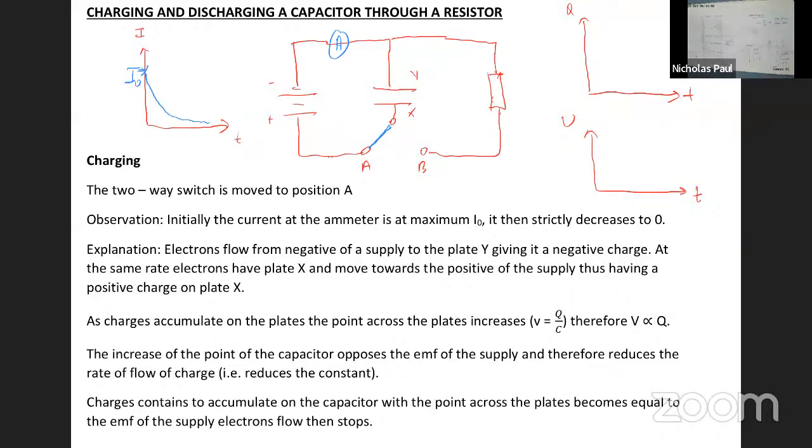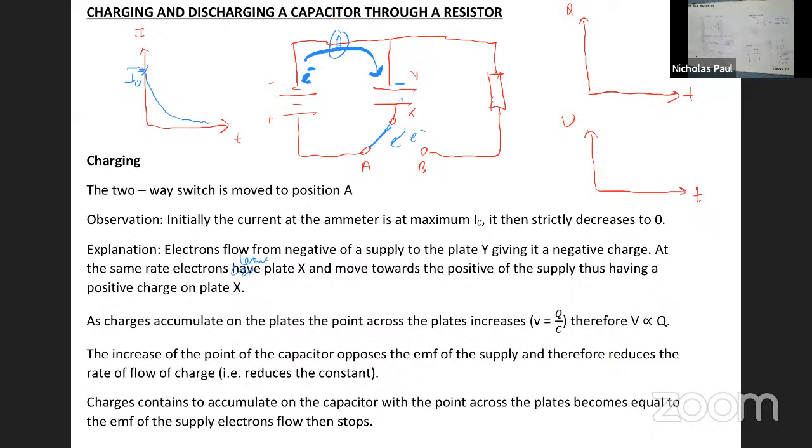Electrons flow from the negative terminal, so electrons move in here, right? Electrons flow from the negative of the supply to plate Y, making it negative. So plate Y becomes negative. At the same rate, electrons leave plate X, towards the positive, making plate X positive.